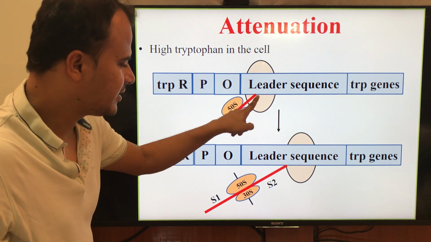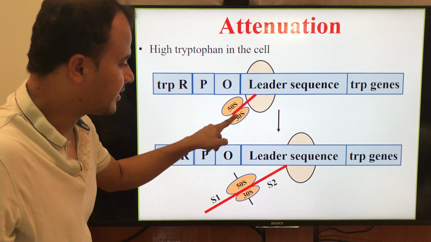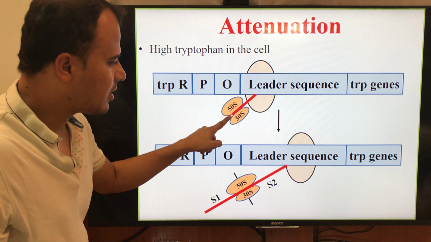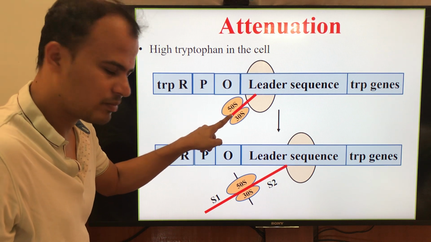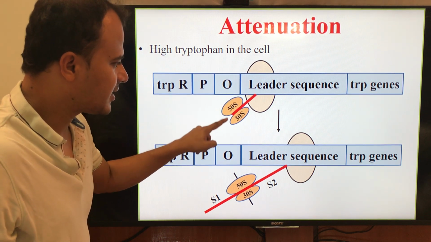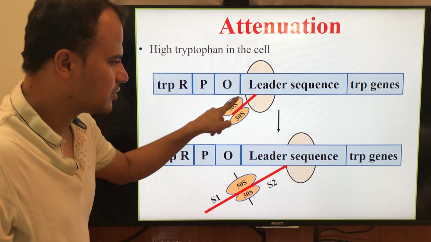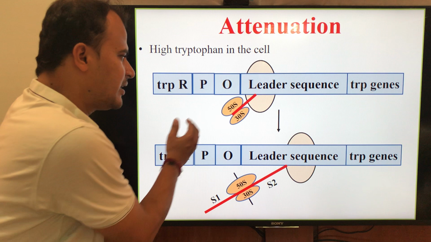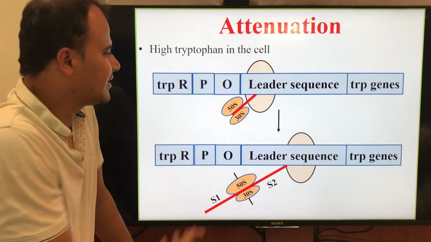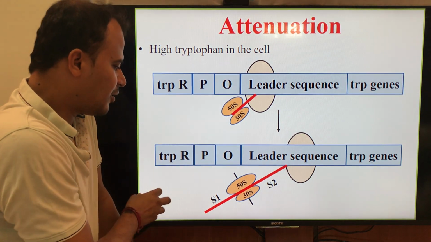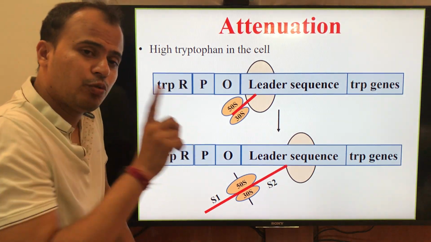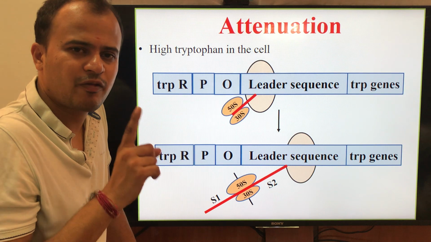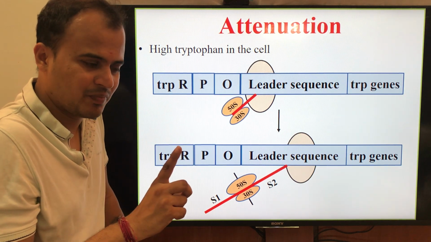You can see that the red colored band is the RNA that is coming out. As soon as the RNA comes out of the RNA polymerase, it is recognized by the ribosomes. Once the ribosomes recognize this RNA, they begin to translate it. Now please remember, we are discussing high tryptophan levels in the cell.